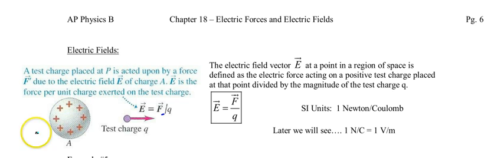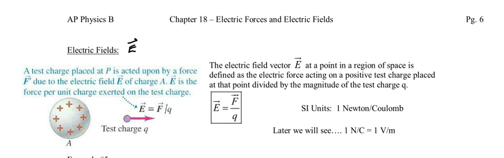Similarly, a charged object modifies the space around it and creates an electric field, just like gravity modifies the space around a mass and creates a gravitational field. The electric field, which is denoted with the symbol capital E, is defined as the amount of electric force per unit charge.